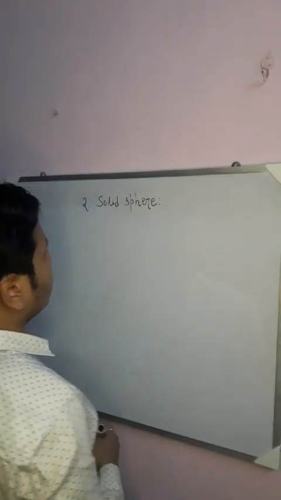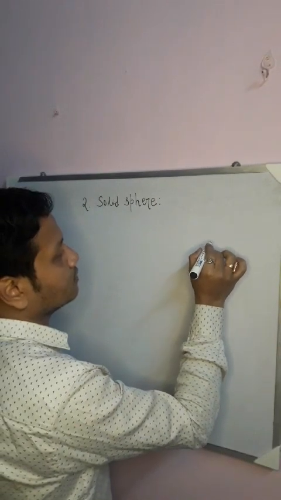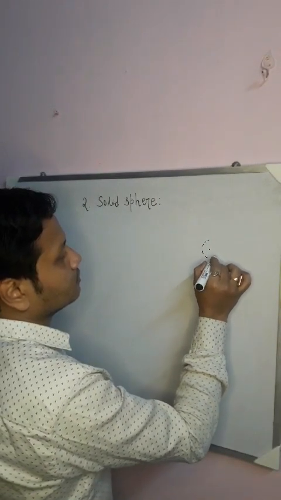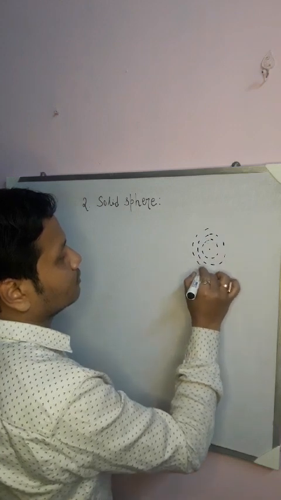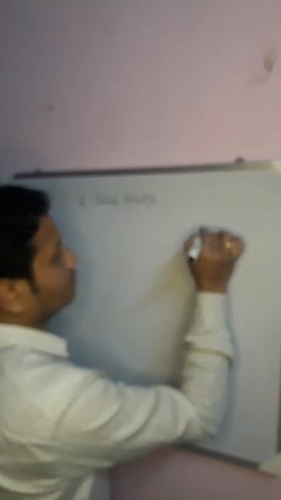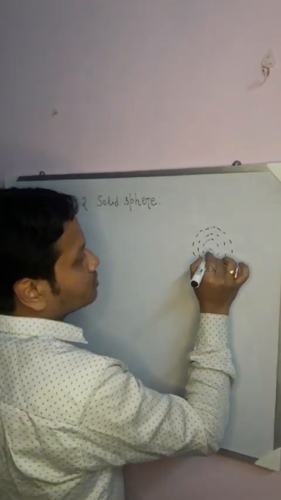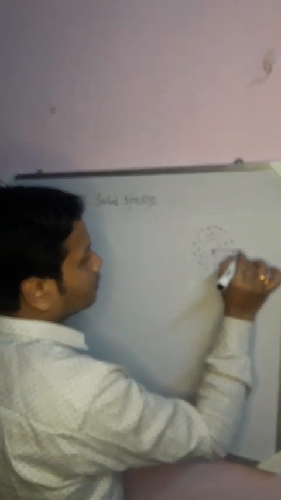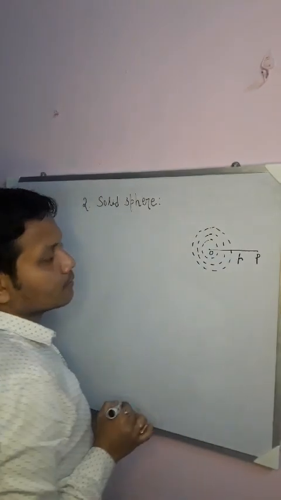So we know that a sphere consists of a large number of spherical shells. Okay, so this is the center, and this is, suppose, the point P. Say this is the distance r.